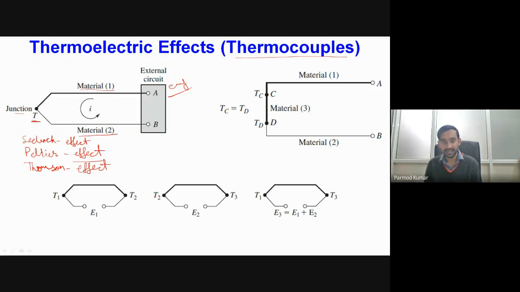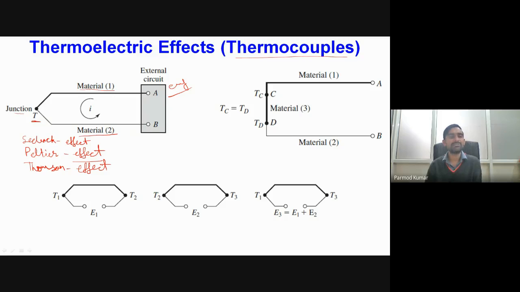The effect which includes the flow of current into the circuit is known as our Peltier effect. And as we are maintaining this junction at a certain temperature, obviously this temperature is nothing but the temperature which we want to measure.